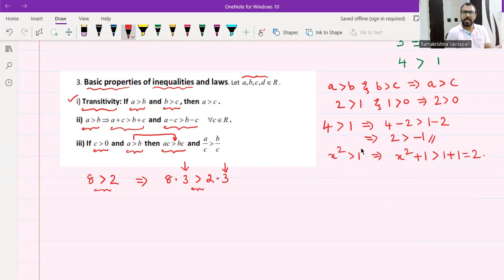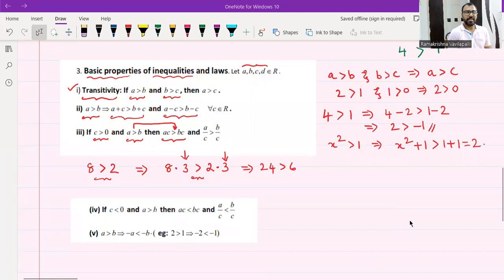The same inequality will follow. So this implies that 24 is greater than 6. This is obvious.